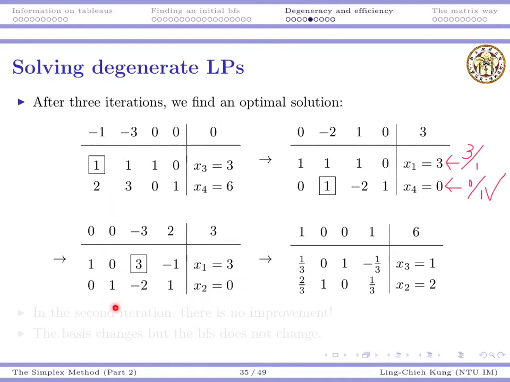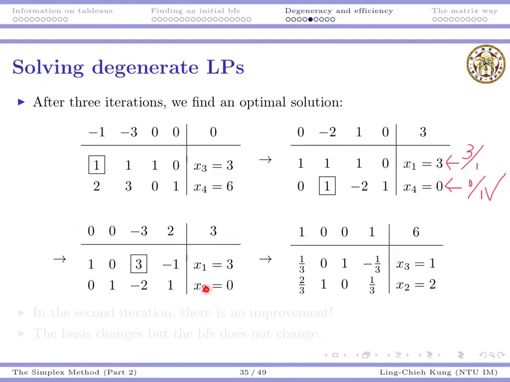So x2 enters, but its value must be 0. After we complete everything, you can see that the new solution is 3, 0, 0, 0, and the original solution is 3, 0, 0, 0. Whether x4 is basic or x2 is basic does not change the solution. From here to here, you are still at the same solution.